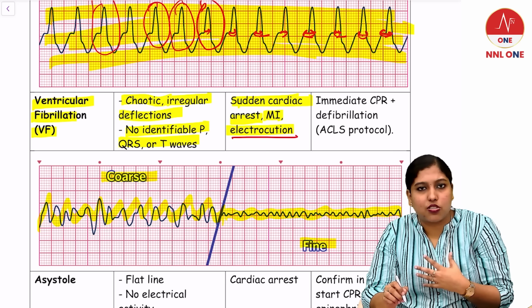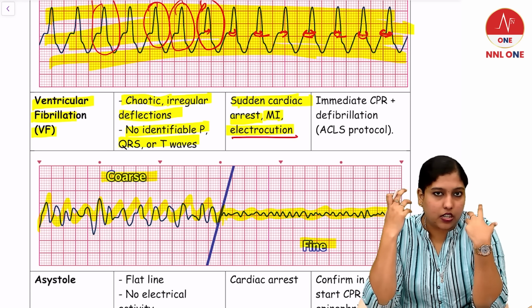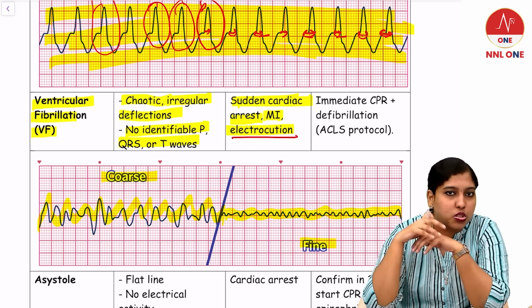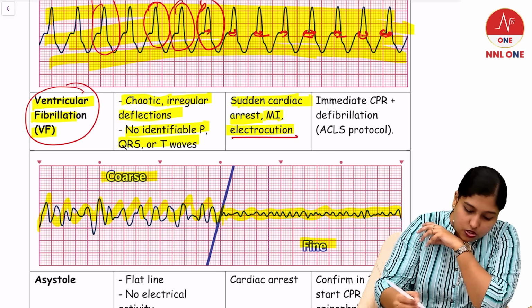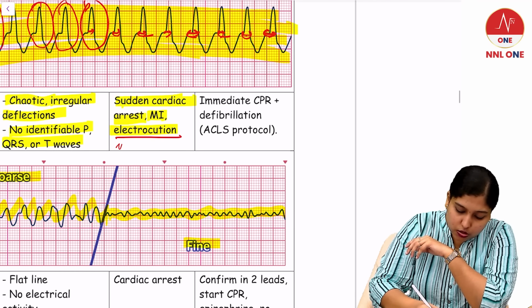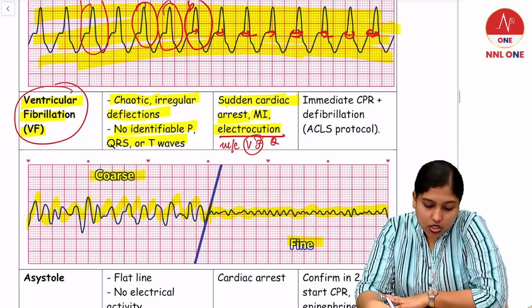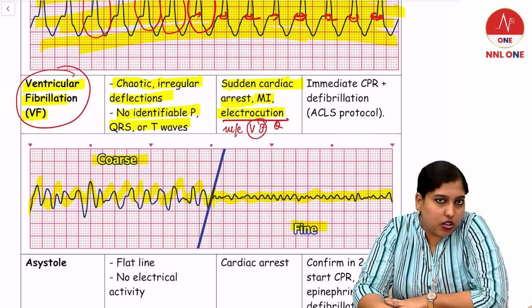Electrocution is electrical shock. Because of the shock, the patient develops an arrhythmia, and the most common arrhythmia post electrical shock is ventricular fibrillation. MCQ point: in sudden cardiac arrest, MI and electrocution, ventricular fibrillation is seen.